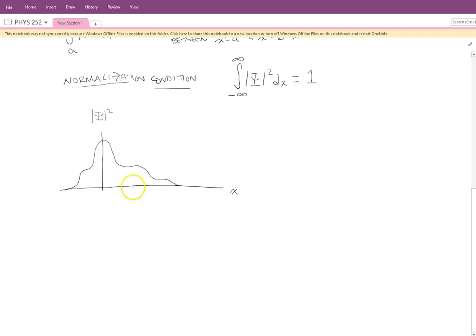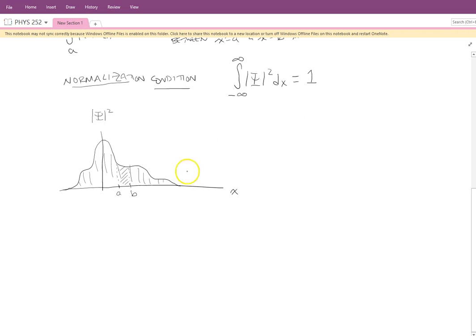First of all, if this is x equals a and this is x equals b, notice that graphically the probability of finding the particle is just the area underneath this curve, because that's the definition of the integral. Also realize that the normalization condition, if I integrate the probability distribution psi squared from minus infinity to infinity, I'm going to get the area underneath this entire curve. So the area underneath this entire curve has to be 1.